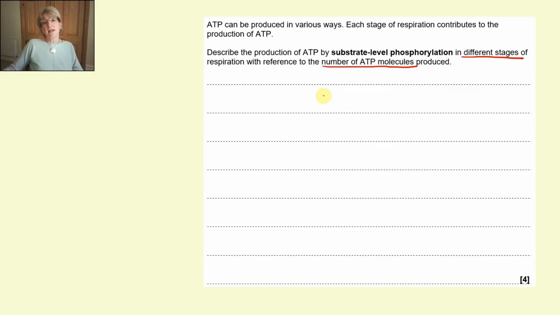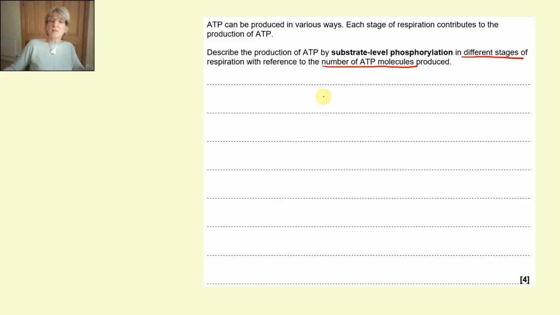So here, ATP is produced as a result of substrate level phosphorylation in two parts of respiration. Number one, it occurs in glycolysis, and it occurs when triose phosphate is converted into pyruvate. And 4 molecules of ATP are produced during that stage.